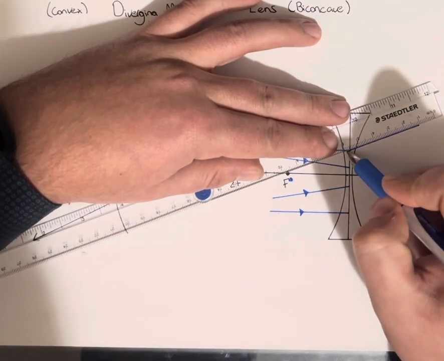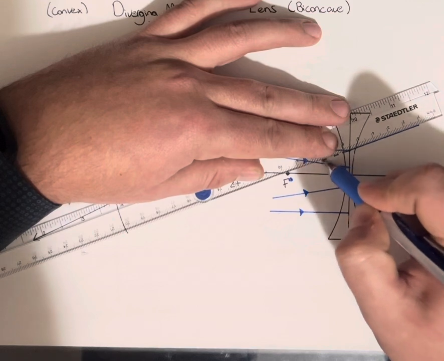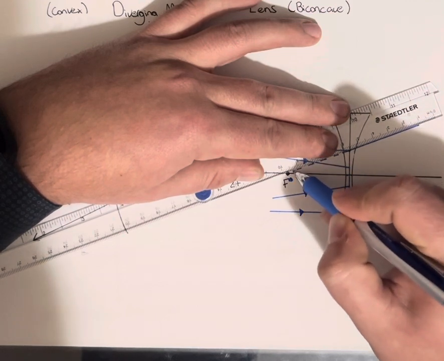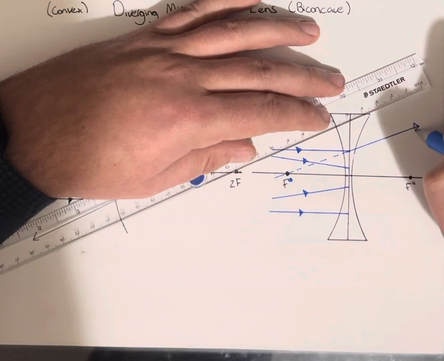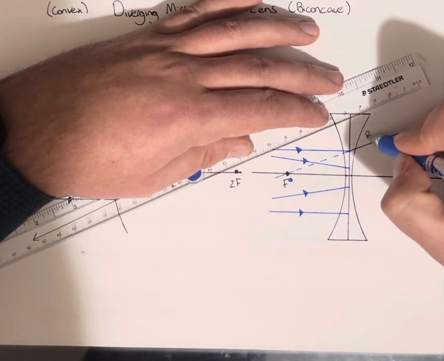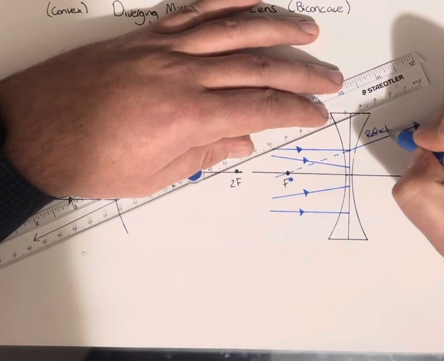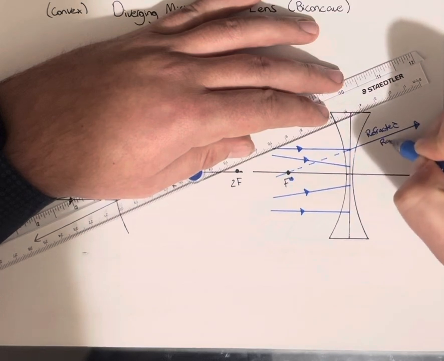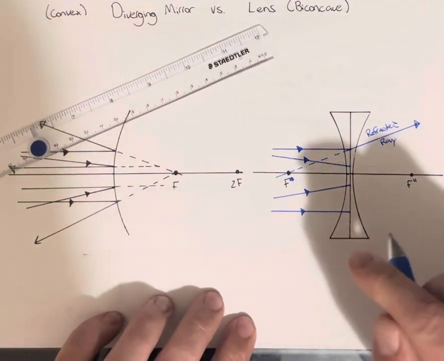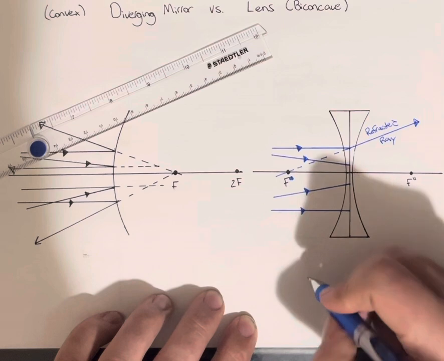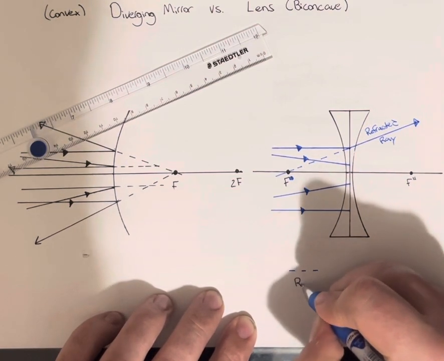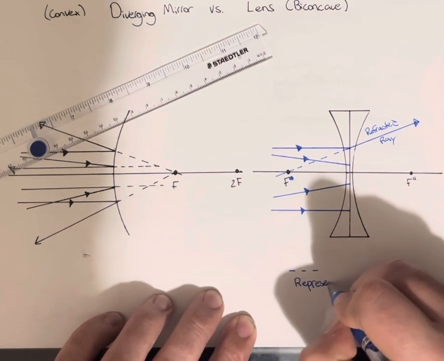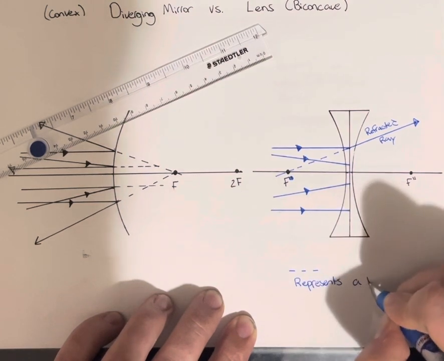However, there's also going to be a reflected ray that comes back and passes through that original focal point. So this here is what we call our refracted ray. But we are also going to have this dotted line here, which I'll just note down here, is going to represent a reflected ray.